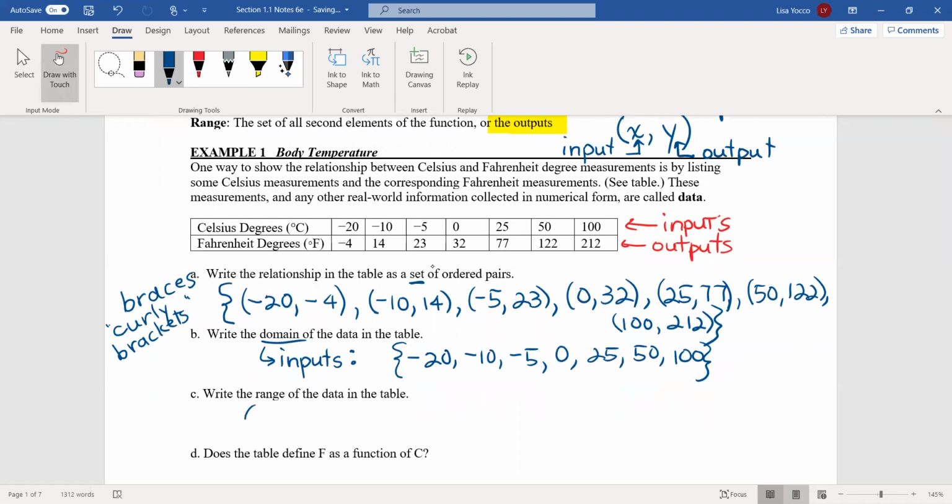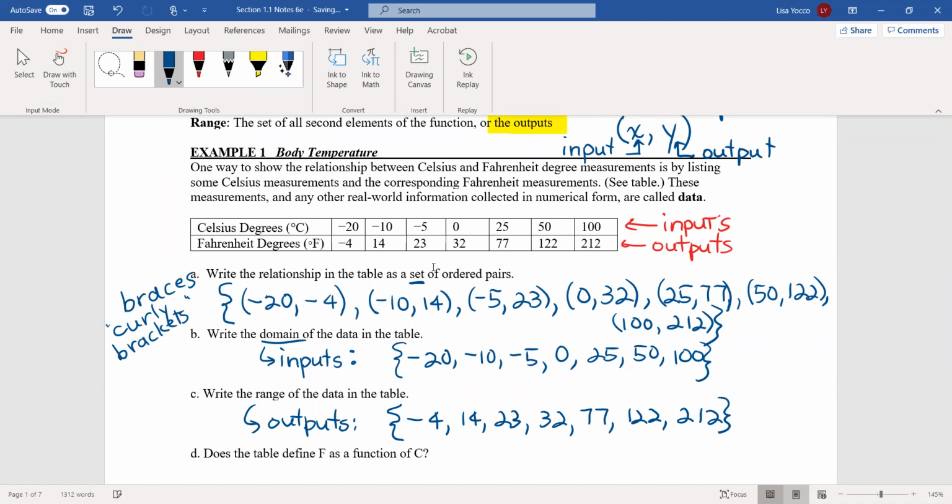Okay, the range is going to be the set of all the outputs. So again, my curly brackets and just simply listing all the second elements from the ordered pairs, which are also all the numbers in the bottom row of the table. All right.